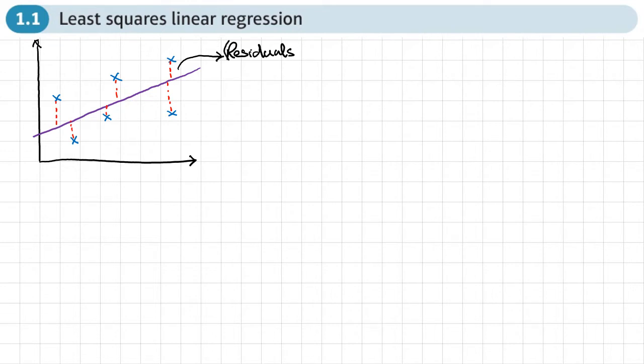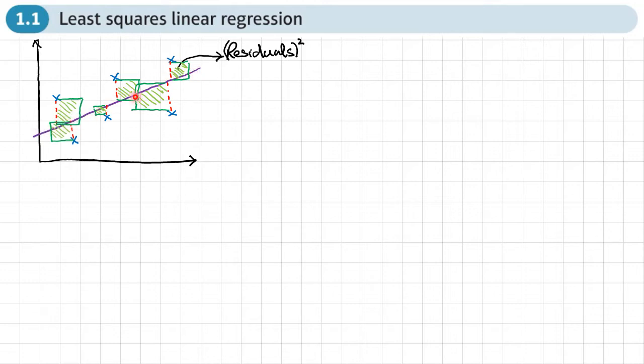So what we're going to do is square these residuals. So we can work out all of these residuals, these differences here, square them, and then find the sum of these residuals squared. And what I want is for the sum of all these residual squares, and I've drawn on the squares to help you visualize what's going on, to be as small as possible.